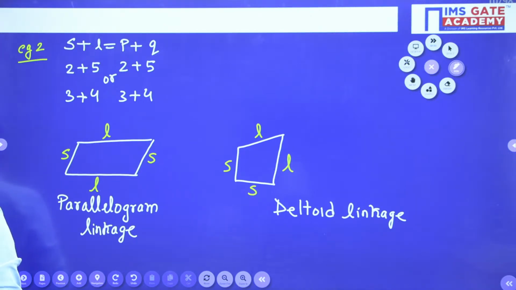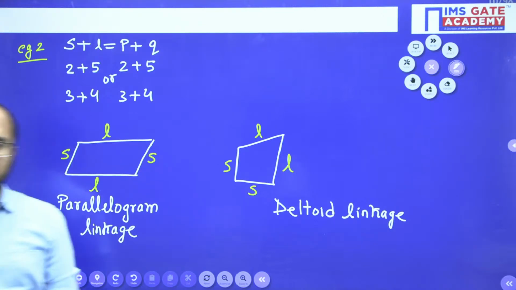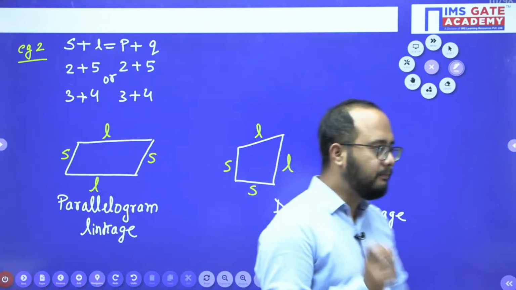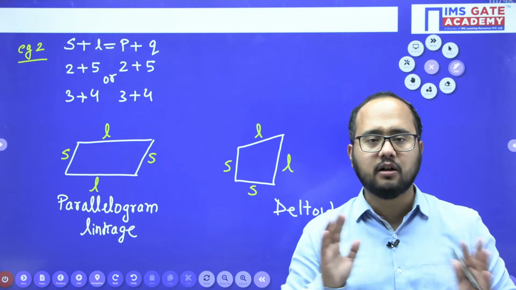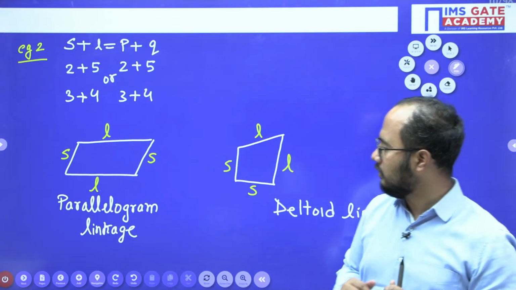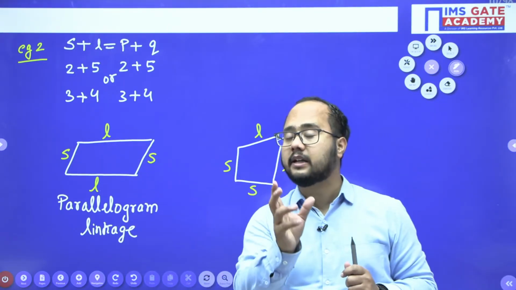Everyone please tell me fast. Double, yes, obviously. If you fix the smallest or the longest, it doesn't matter at all in the case of parallelogram linkage. You will get the double crank mechanism only.